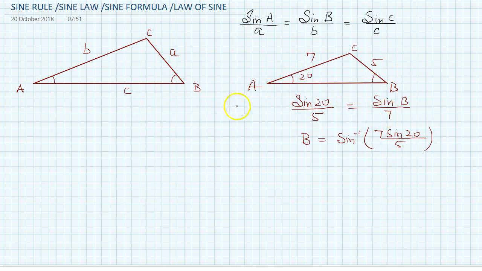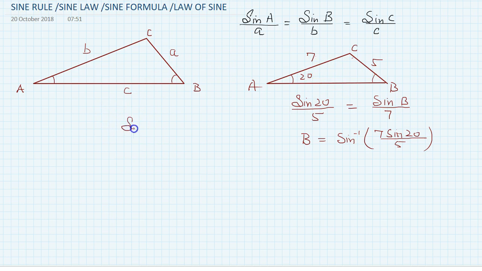If you remember the cosine rule, to find the value of a triangle using cos, you must know either these sides and the angle between them. But with the sine formula, there is no need for us to know the angle between the given sides.